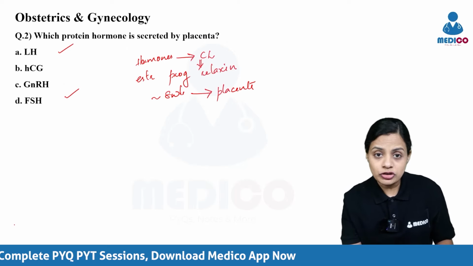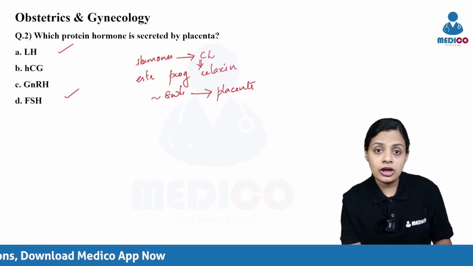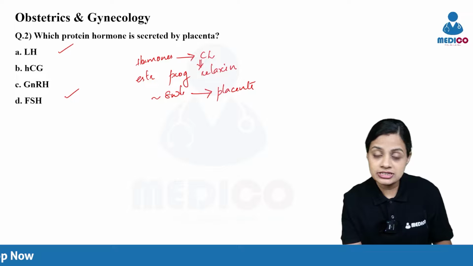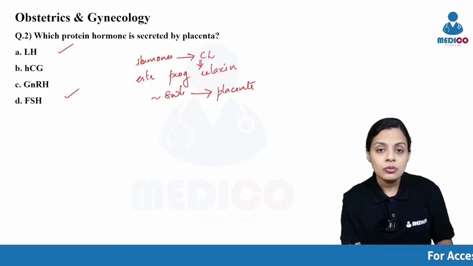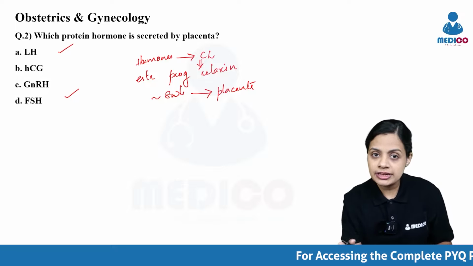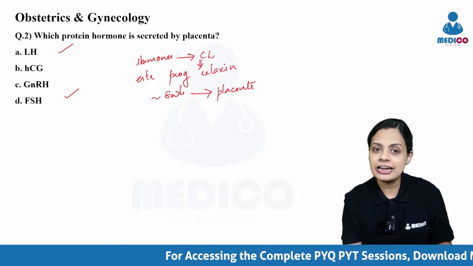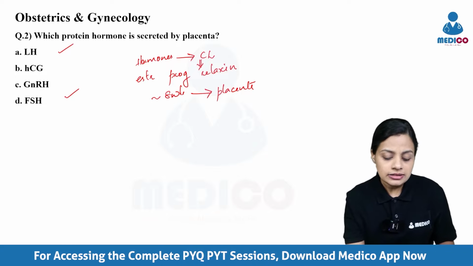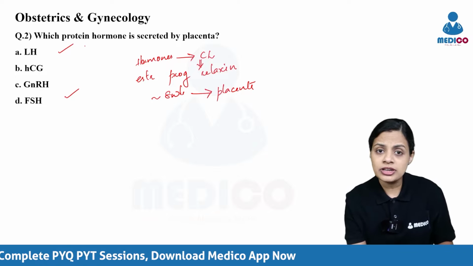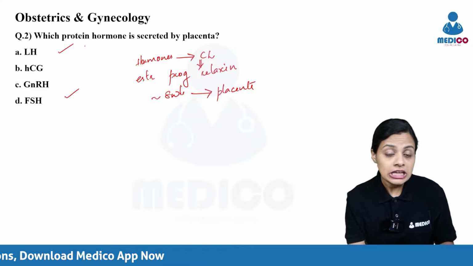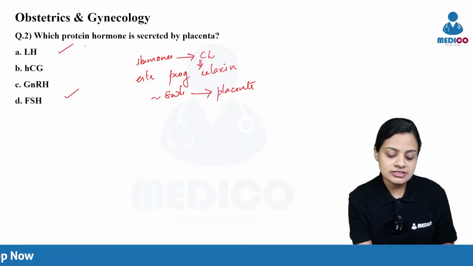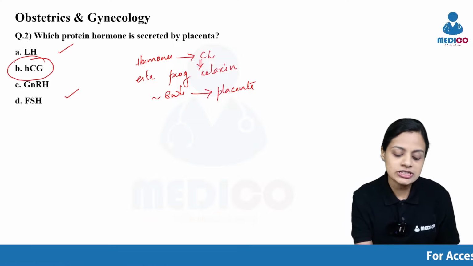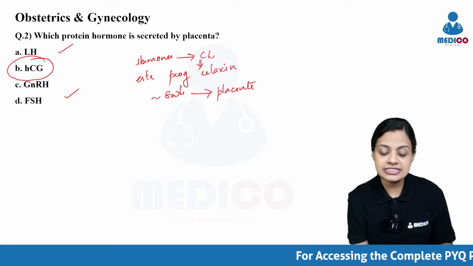One thing you have to remember is that if the woman has to undergo an ovariectomy before her 6th week, the corpus luteum will no longer be there to support the pregnancy and she'll end up having a miscarriage. Here our question is, which is the hormone that is secreted by the placenta? Even though so many hormones are secreted, the one that is secreted exclusively by the placenta is HCG.